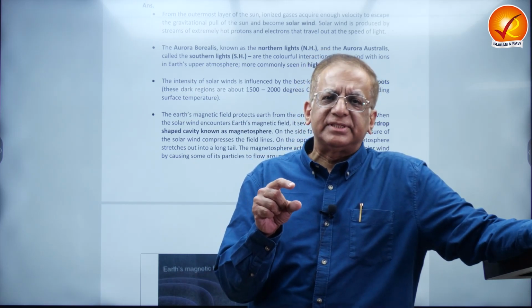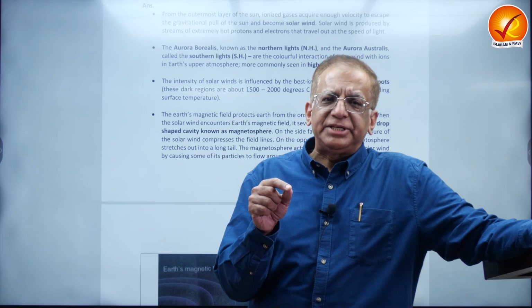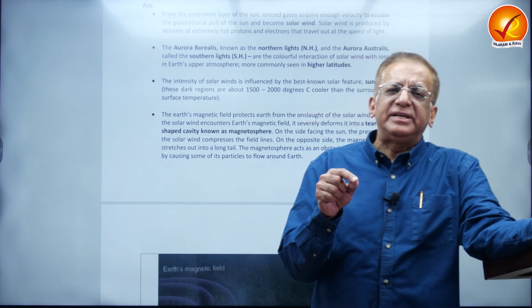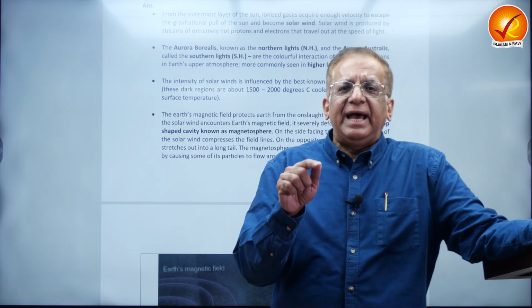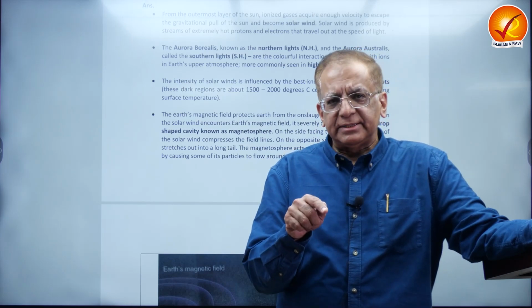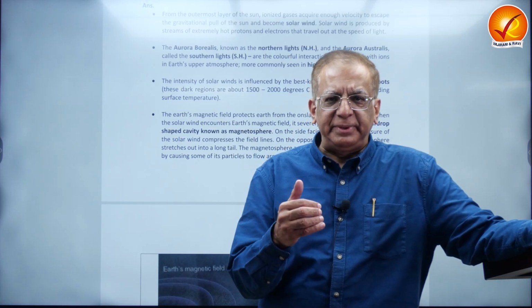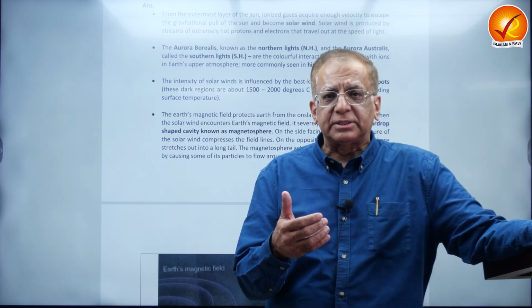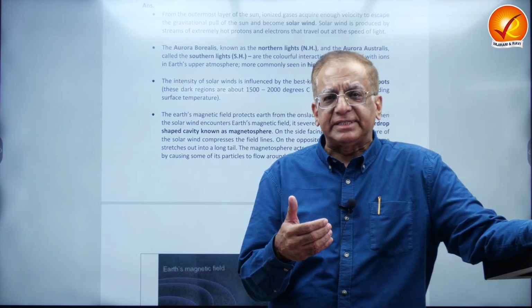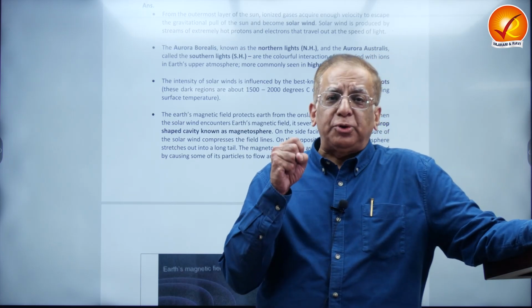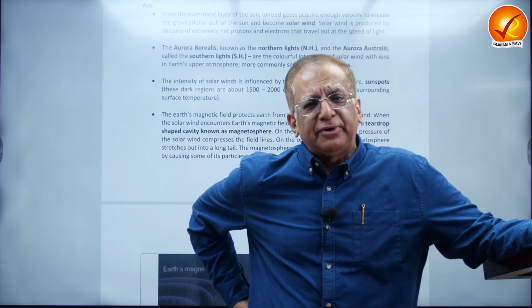Sunspots are dark areas where the temperature is less by 1500 to 2000 degrees centigrade compared to the surrounding areas. But the rule is, when the sun has an active period, that is when you have more sunspots on the outer surface, that is the time when you have stronger flares from the sun.